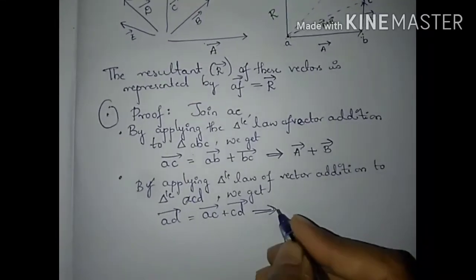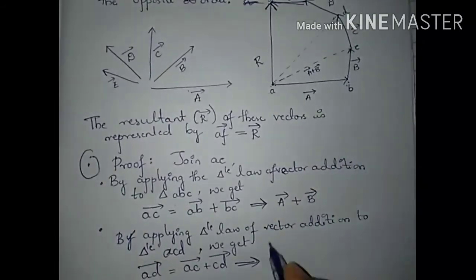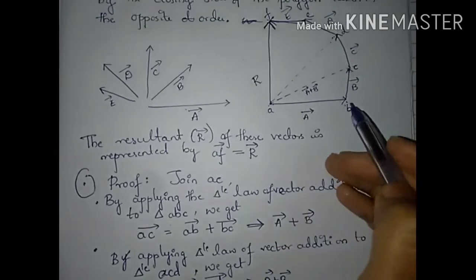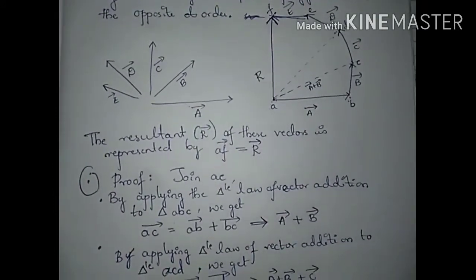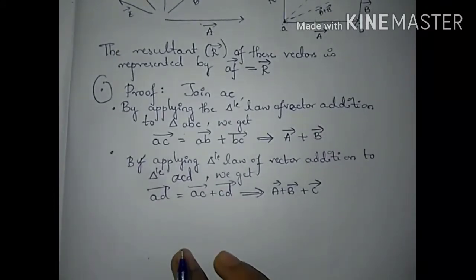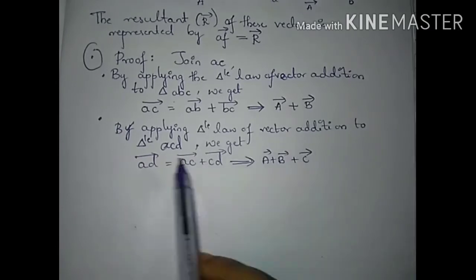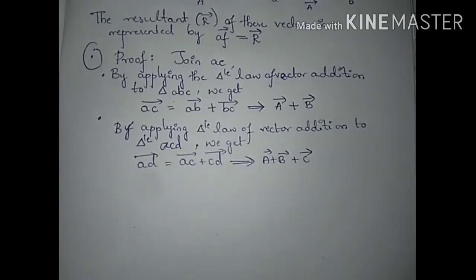We know AC as A plus B, and CD is vector C. So you have A plus B plus C. This we again got by applying the triangle law of vector addition.